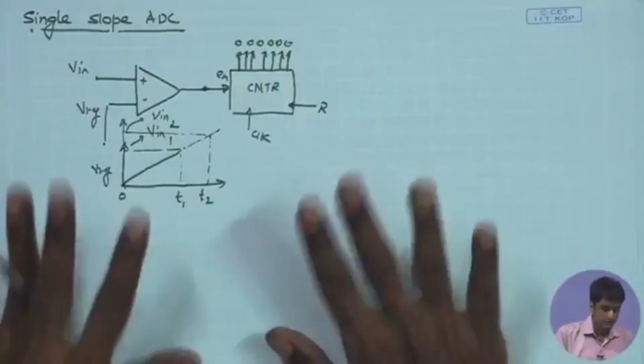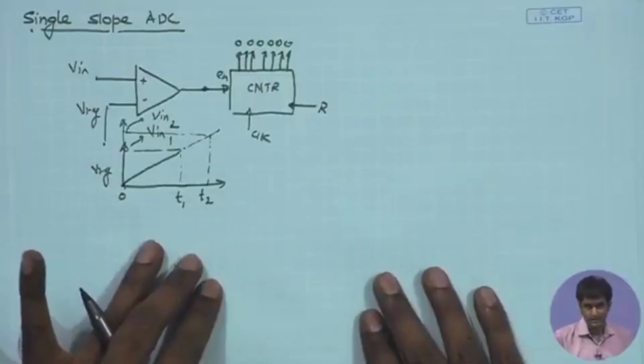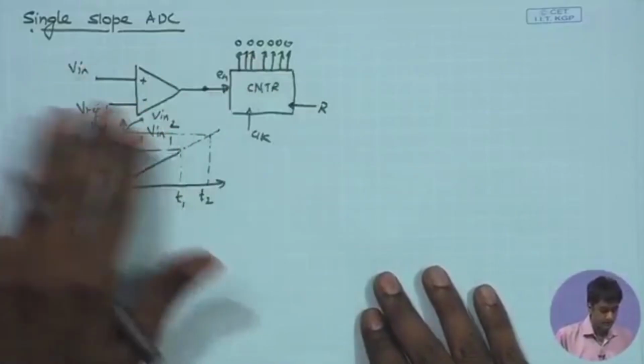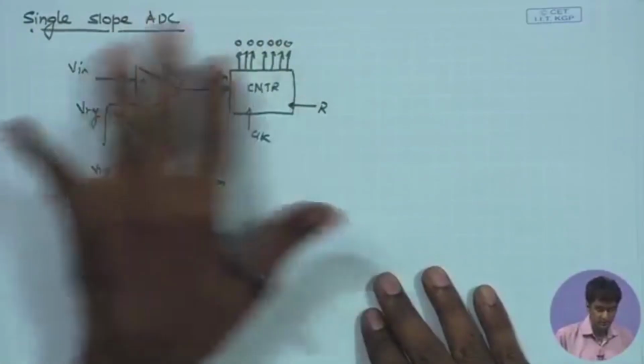So, that is a simple concept regarding single slope ADC, and then we can look into the overall implementation of this scheme.